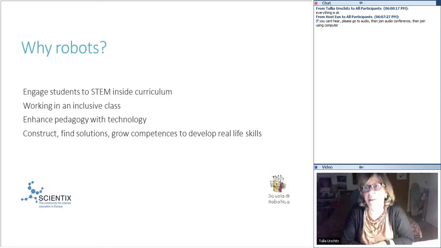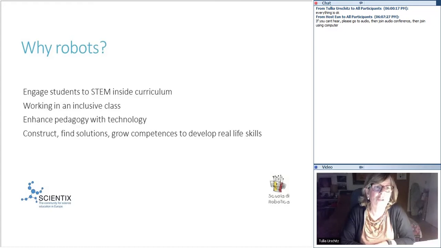Everything is very good, but the way that I want to share with you is using robotics inside the curriculum, especially the math curriculum. Indeed, we cannot speak about just one curriculum, because you know that math is really connected with other subjects, like physics, science, technology. Also, it is a universal language that sometimes is not very clear to all the students.